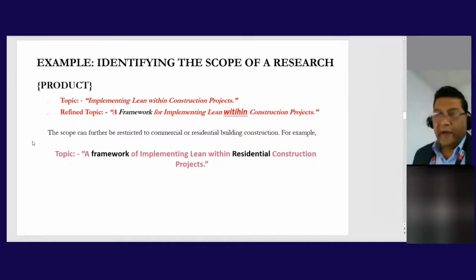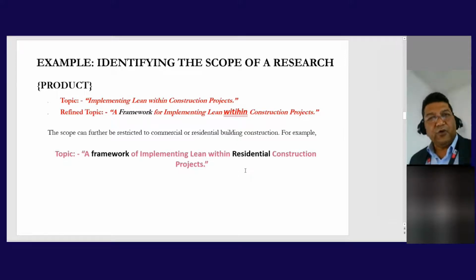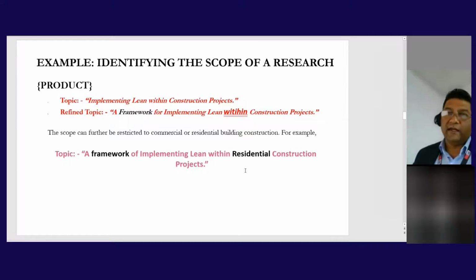Another benefit of doing that is that in residential construction, when you have to collect the data, you know the organizations or the companies who are developing residential properties, and you just go and collect the data from those people. So you will come up with a target population as well, which is important.